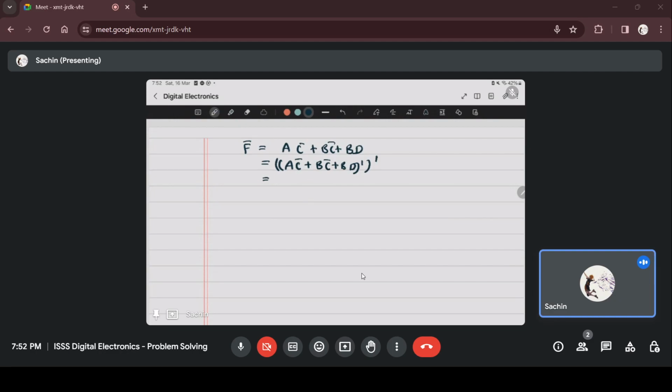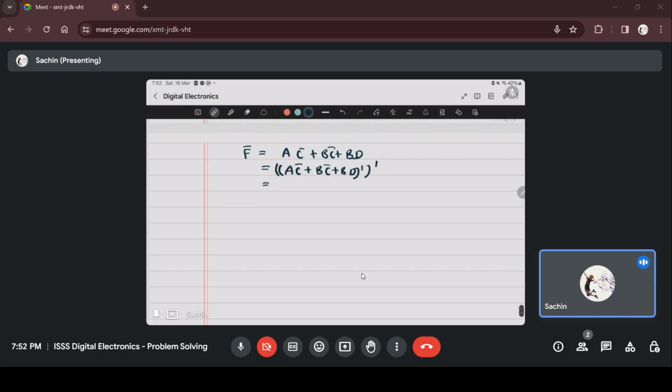Use De Morgan's law to take the inner complement, get AC complement whole complement into BC complement whole complement into BD complement, the entire thing complemented.